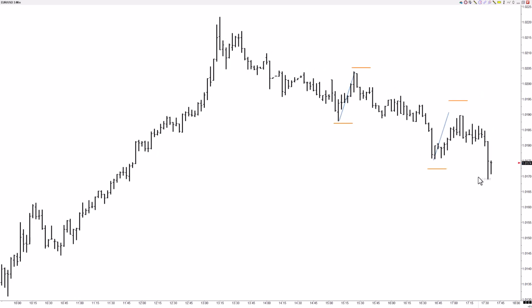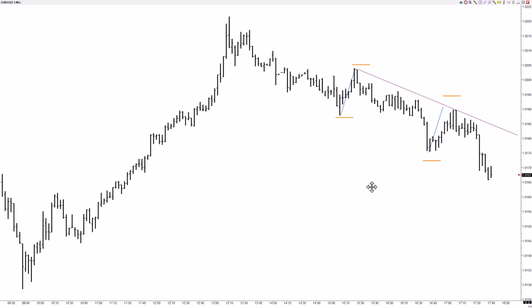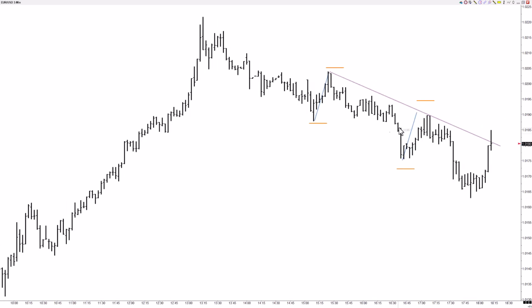Okay, now everything works. We have the two balanced swings we were looking for, and they have the same size reaction leg, right? And you just draw a line. If that line gets beaten, then you know something has changed. You follow it.